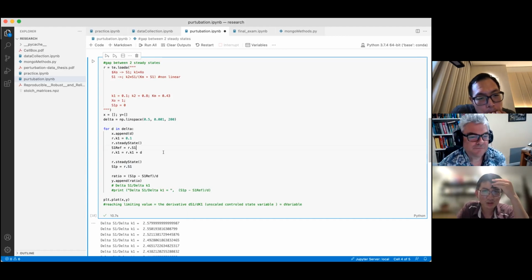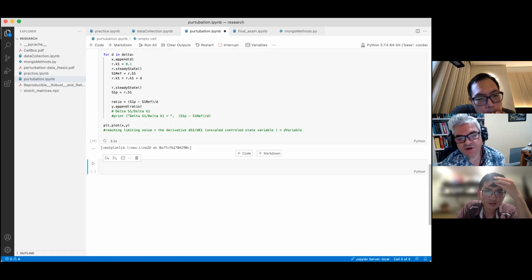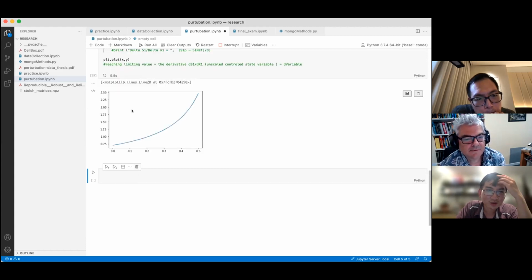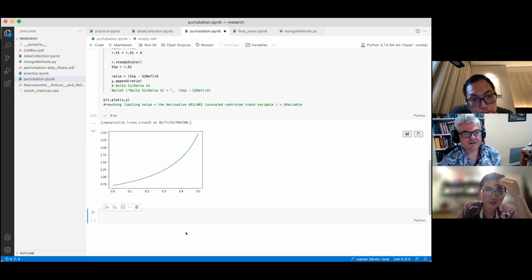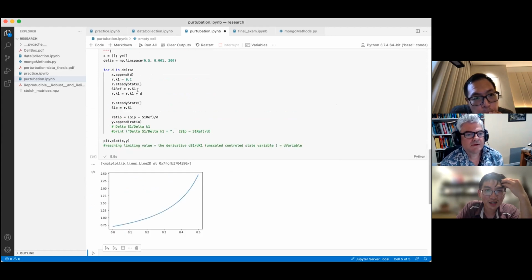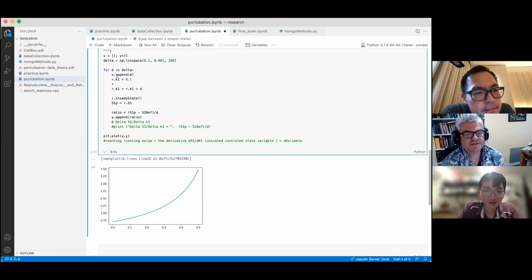You put it outside, because you only need to compute it once. Take those two lines, and the one above. Cut that, just outside the loop, because it doesn't change.